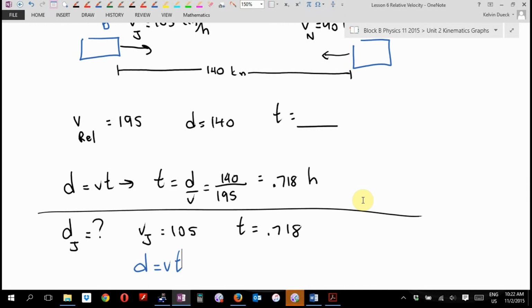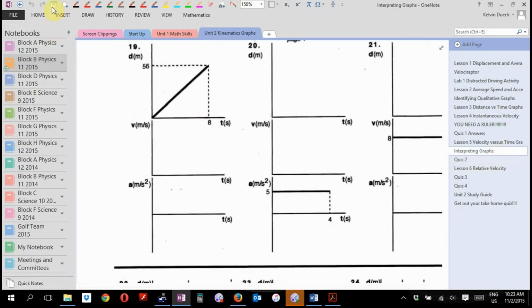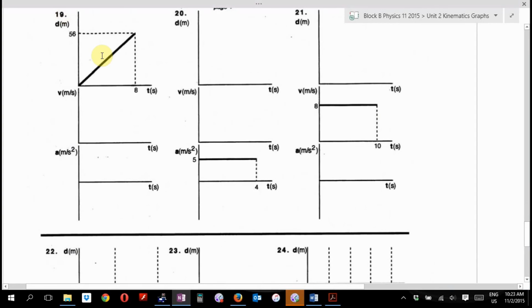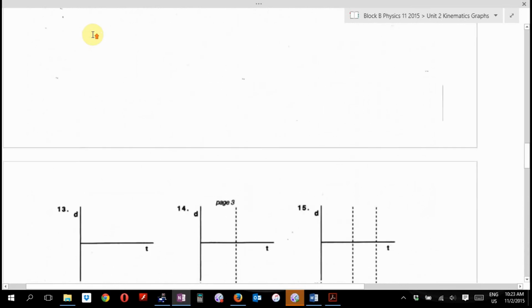Is that all right? And again, I would consider that nastier than what you're going to see on the test. Any others? Were there any questions from the interpreting graphs sheet? There are still a couple of answer keys floating around here, and I did put my answer key online. Were there any of these where you were going, I have no idea how you're doing this?